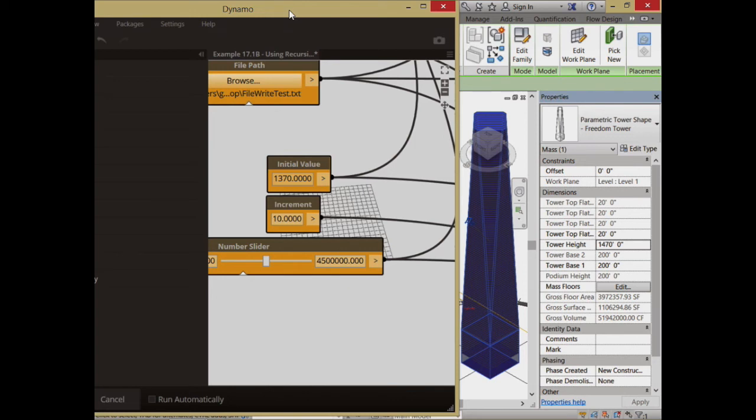So what this is going through is actually kind of interesting. It's getting close, but it's actually higher than I thought even. 1470, 1480, taller than I would have guessed. Okay, so that height value is going to change no matter what the degree of flatness is. This sort of function would work if we change the tower base.